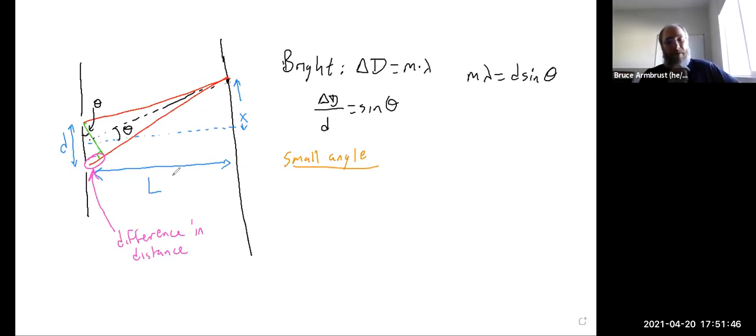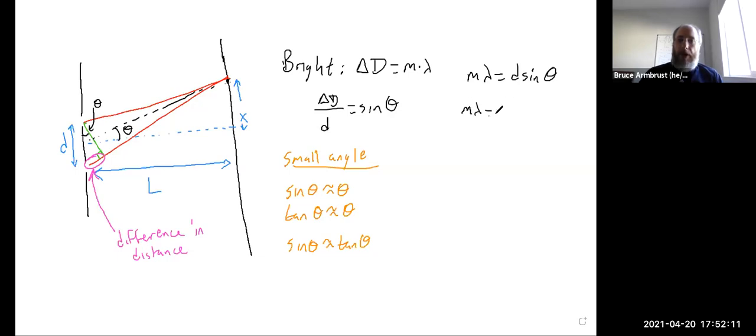That's small, right? So we can use that small angle approximation, which means that sine of theta is approximately equal to theta. And also the tangent of theta is approximately equal to theta. That's the key to the small angle approximation, which means that sine and tangent are virtually the same. So I'm going to rewrite this with tangent.